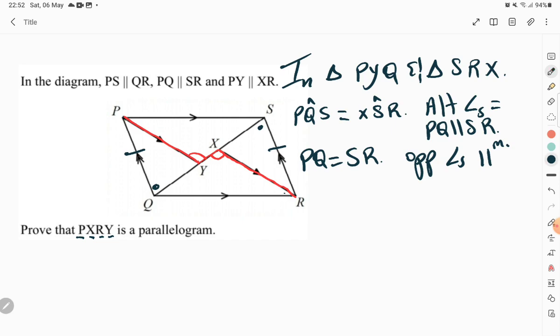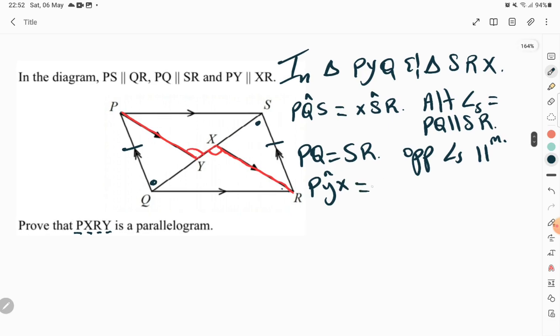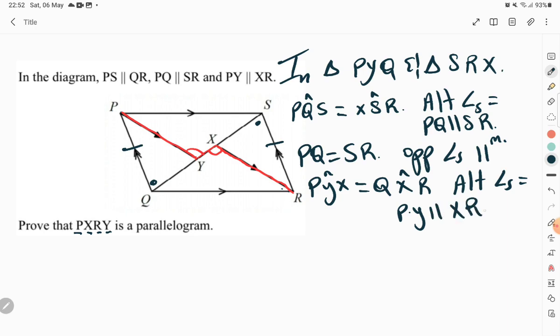Now that means angle PYQ is actually equal to angle SXR. The reason these alternate angles are equal is because PY is parallel to XR.